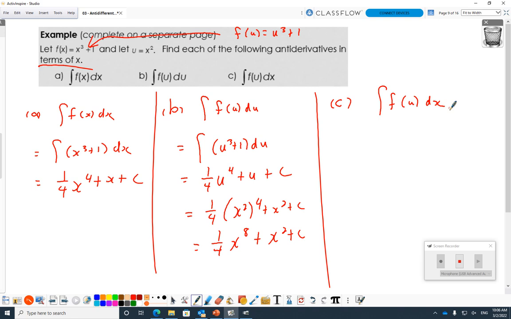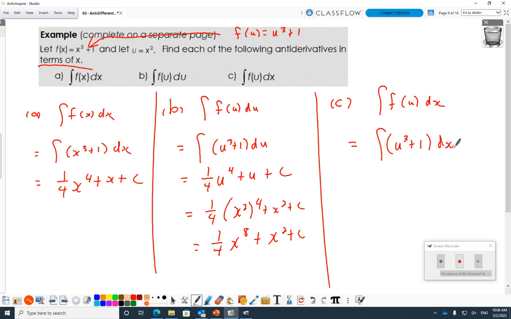Last one, integral of f(u) dx. Is this the same as either of these things? So integral of f(u) is u cubed plus 1 dx, which I can't do. Ooh, what's going on here with my pen? We're moments away from this computer doing the funky chicken. I've got to wrap this up and get this video saved before the computer explodes here.